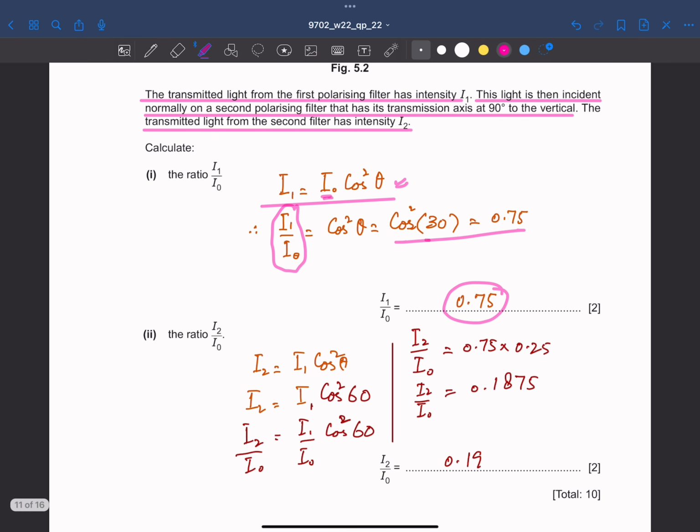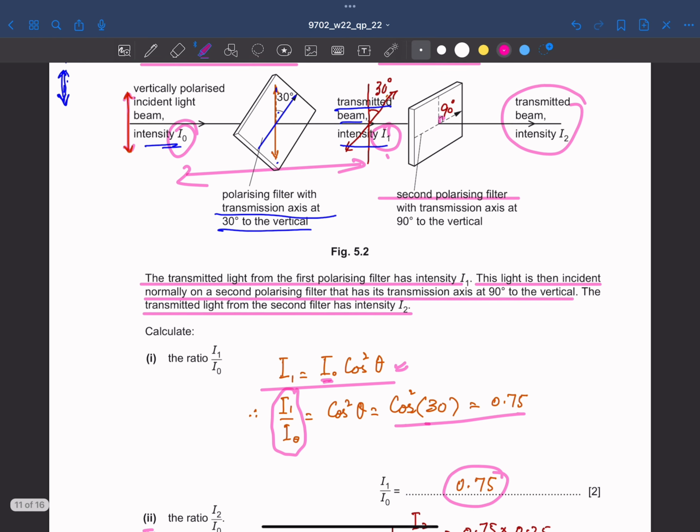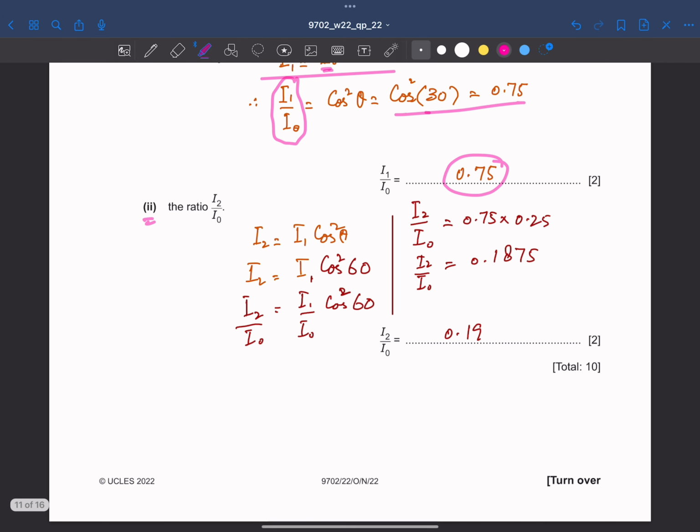On the other hand, the ratio I2 over I naught. First of all, you have to consider two consecutive intensities, I2 and I1. So I2 is equal to I1 cos square theta.